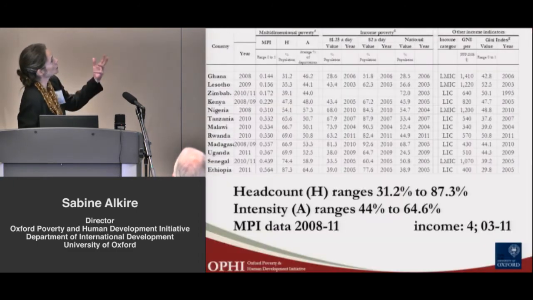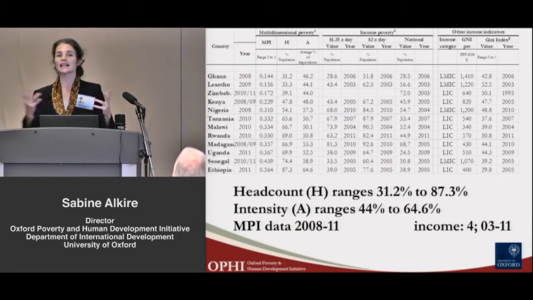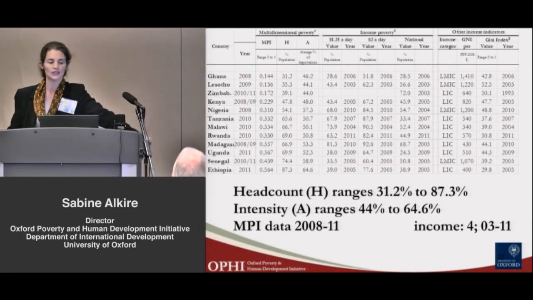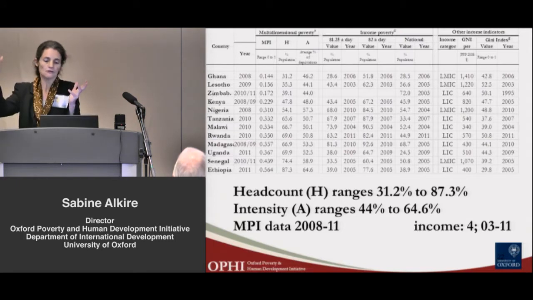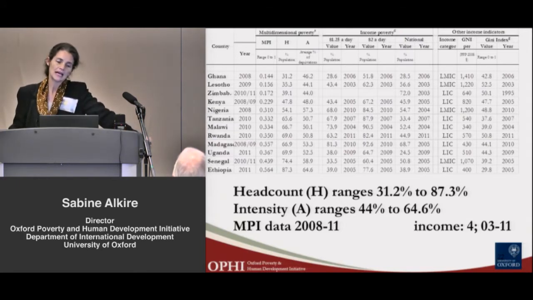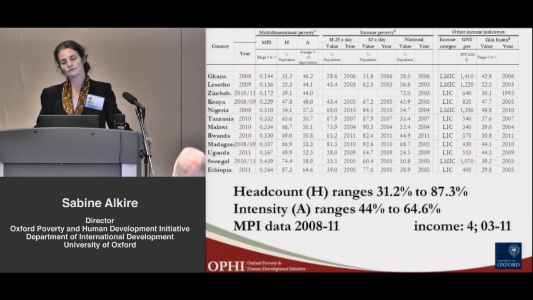And first of all, just to give you an overview of these countries, the head count ranges from 31% in Ghana to 87.3% in Ethiopia. The intensity is between 44 and 65%. And the most recent year of the survey is 2008 to 2011.